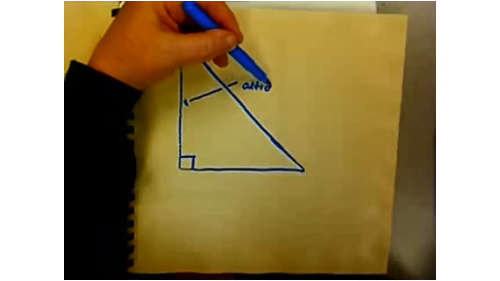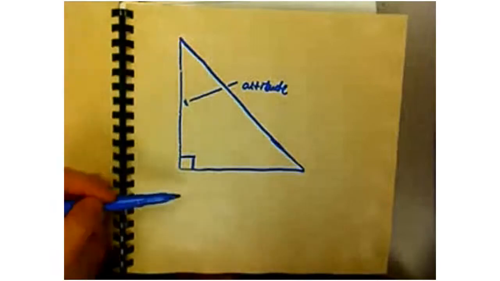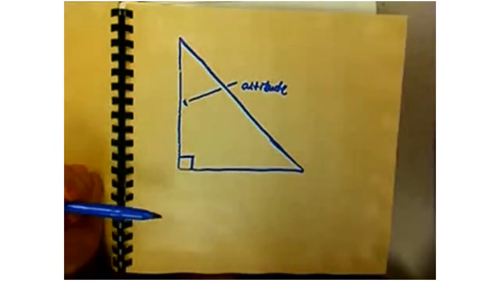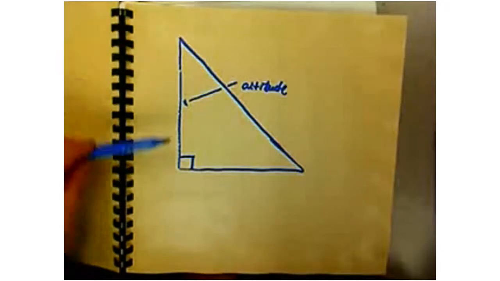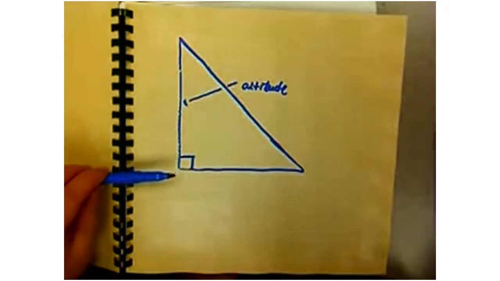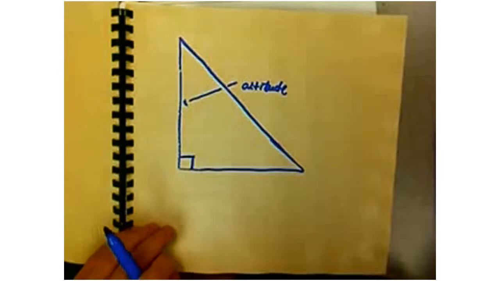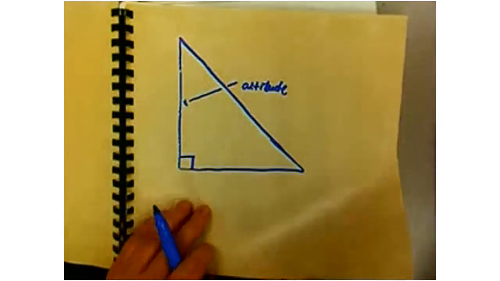So it's important to note that on a right triangle, the altitude is one of the legs that indicates the height of your triangle. It's the leg that comes from that top vertex perpendicular to the base. So you don't need an extra line for a right triangle. You already have the altitude because you have a perpendicular line, a right angle. So you know the height of your right triangle looking at that leg. So the altitude is the side of a triangle in a right triangle.